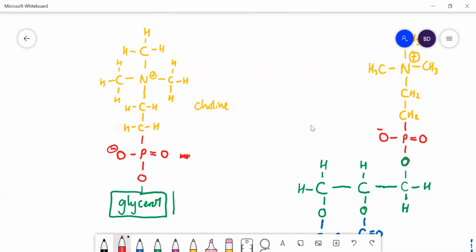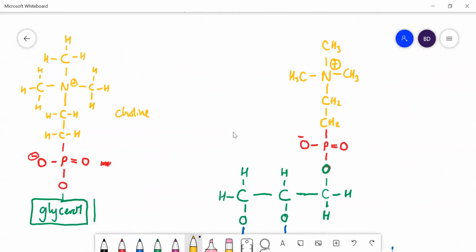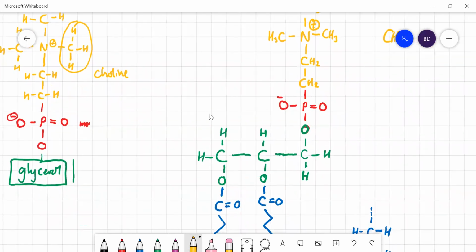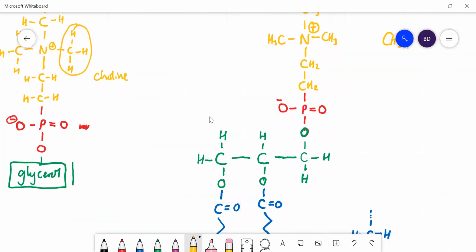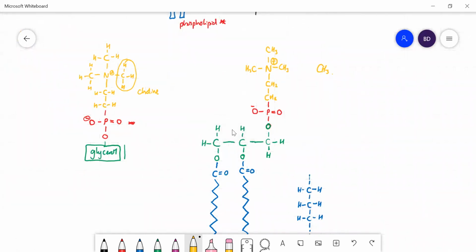Here's a slightly more convenient way of doing it. Instead of drawing all the bonds for this CH3, usually you just write it down, which makes it a bit easier to see. I'll just shrink this a little bit so you can see what's going on.